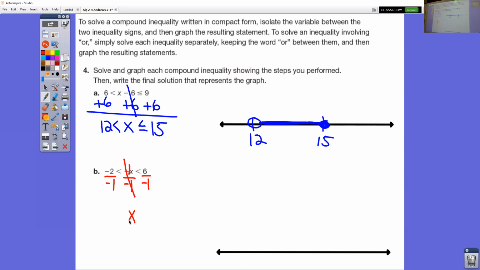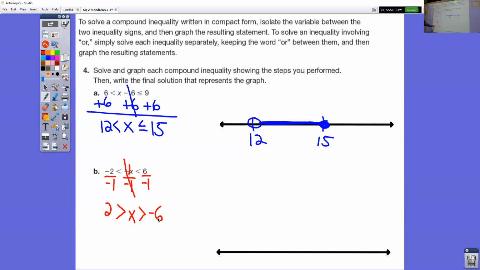Now, you have to remember the rule: when you multiply or divide by a negative number, you have to flip the sign. So we're dividing by -1 and by -1, which means we are going to flip both of those signs. -2 divided by -1 is 2, because a negative divided by a negative is a positive. 6 divided by -1 is -6.